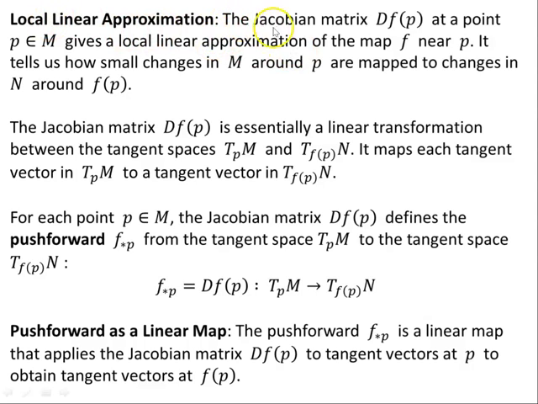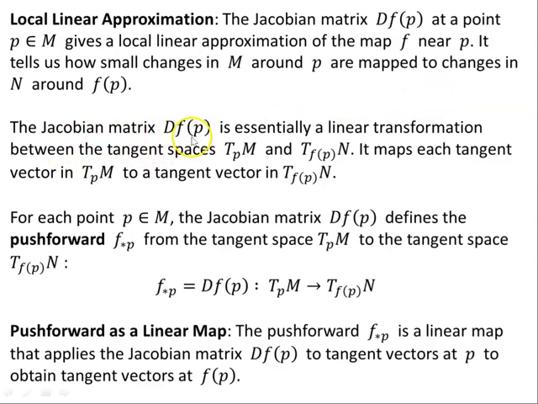So the Jacobian matrix df of P at a point P belonging to M gives a local linear approximation of the map f near P, as we saw earlier in the good old high school case y equals mx plus c at the point P. It tells us how small changes in M around P are mapped to changes in N around f of P. Because remember how this df of P gave us a good fit to f at a point P, but only at a point P, not everywhere, not globally.